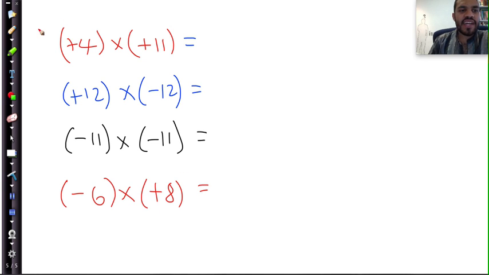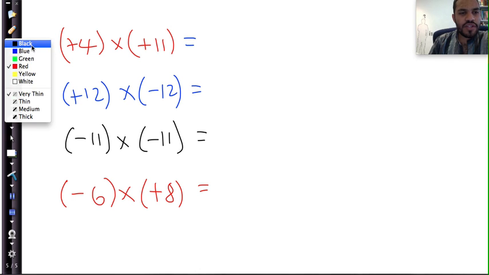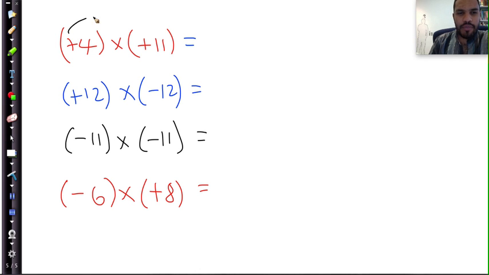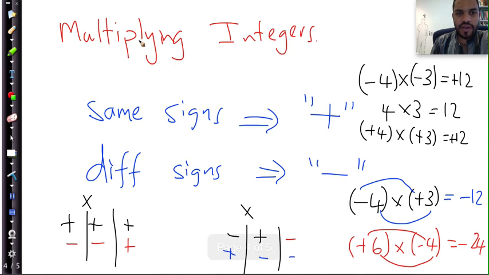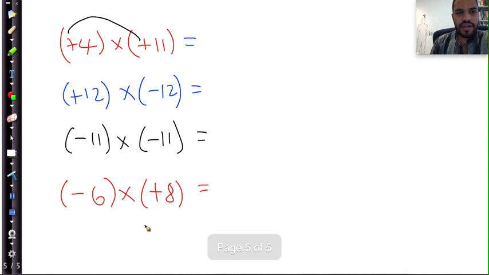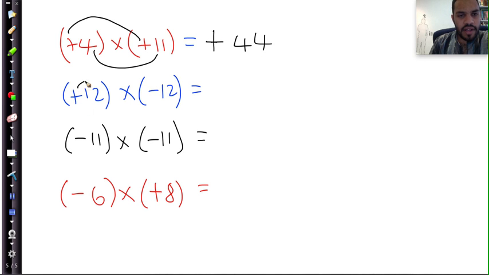In each of these cases, what I want you to do first is multiply out the signs. A positive multiplied by a positive, if we go one back, we can see gives us a positive. So when we have the same signs and we multiply them, positive times positive is going to give me a positive, and 4 times 11 is going to give me 44. A positive multiplied by a negative is going to give me a negative, and 12 multiplied by 12 is 144.